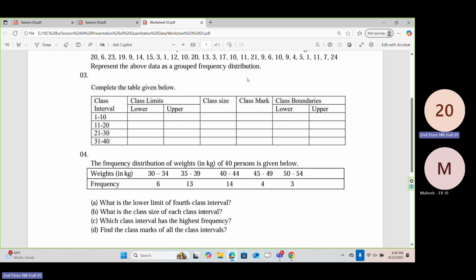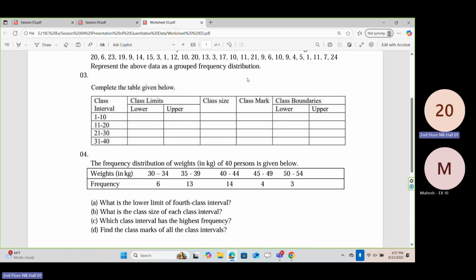Then how do we find the class mark? All the class intervals have the same class size, 10. Then you can easily calculate the class mark. First, you need to find the initial one, 5.5. Then you add the size of the class. The next one is 15.5.